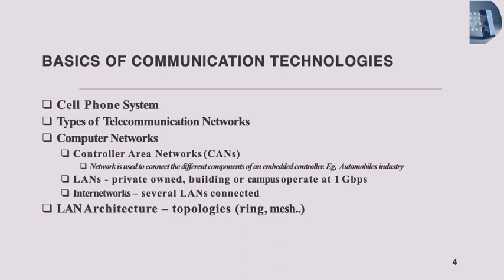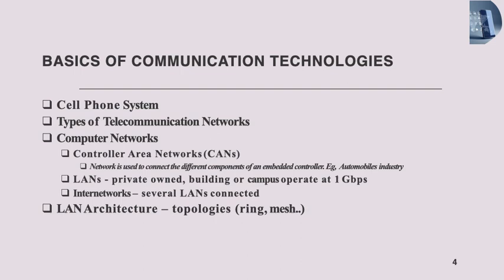A cell phone system includes a cellular network or mobile network, that is a communication network where the last link is wireless. That is, your mobile phone is connected to a tower without a physical medium. It is a wireless connection.